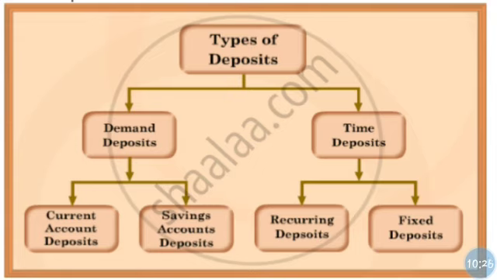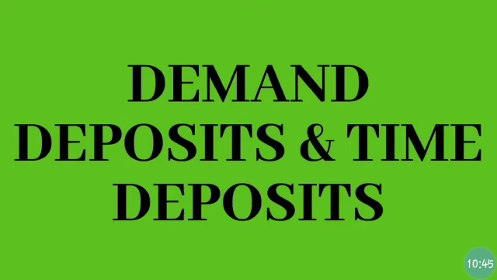Before the maturity period, money cannot be withdrawn from the bank. If they withdraw money before maturity, the interest rate will be reduced. And that's why these types of deposits are called time deposits. It has a specific time period. Demand deposits and time deposits, I think it's clear to everyone.